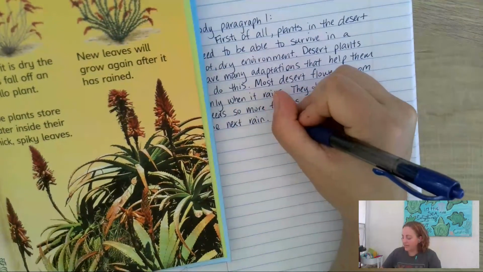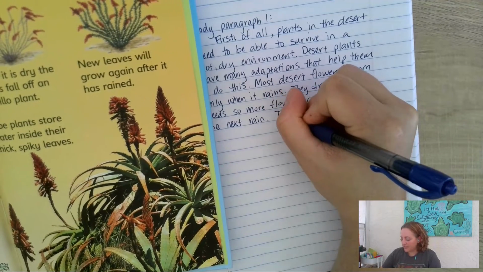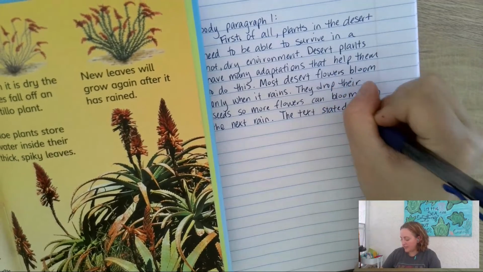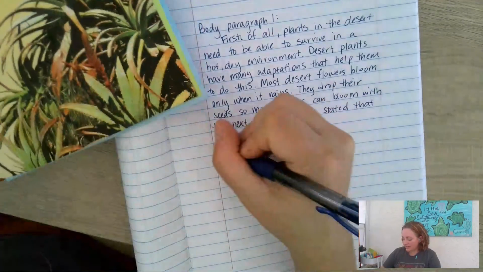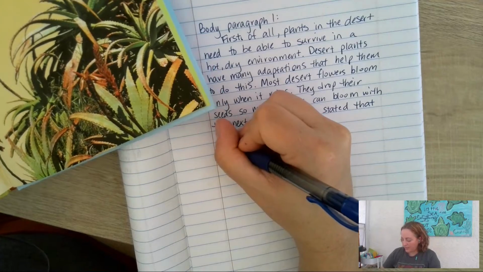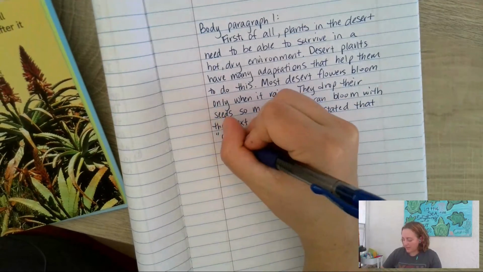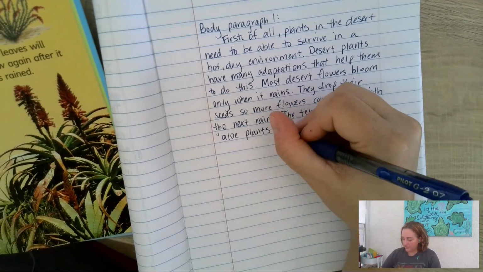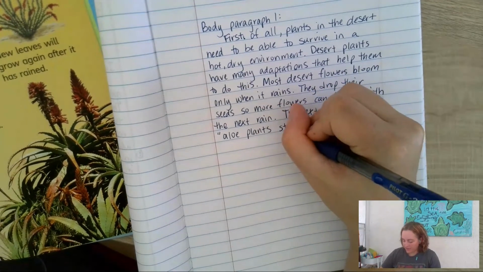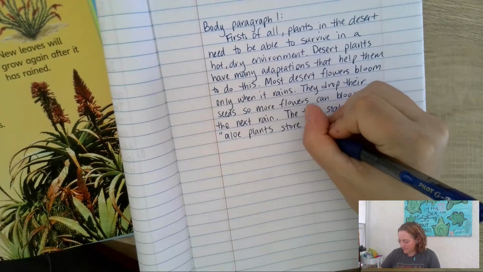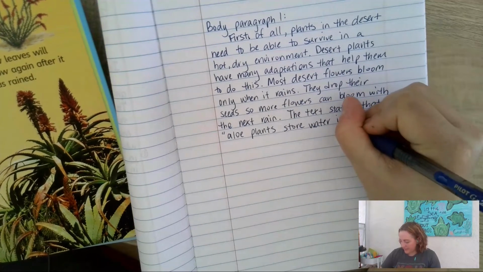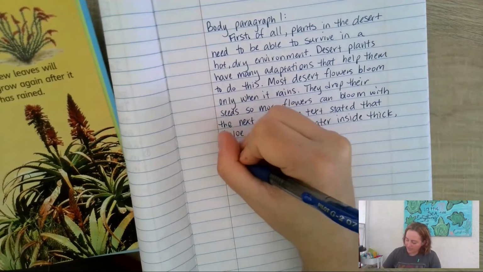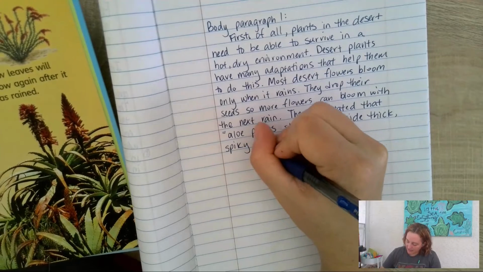I'm going to say the text stated that "aloe plants", and you see how I put quotes, "store water inside thick, spiky leaves."